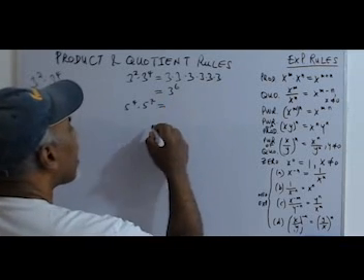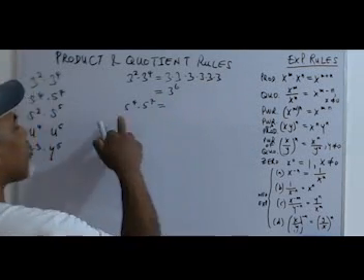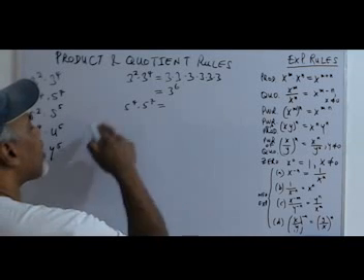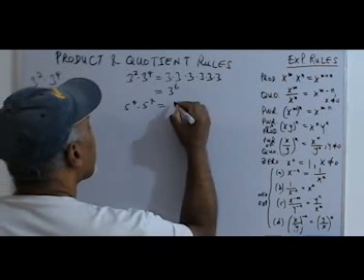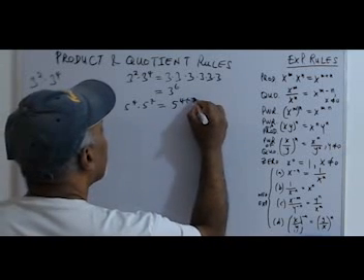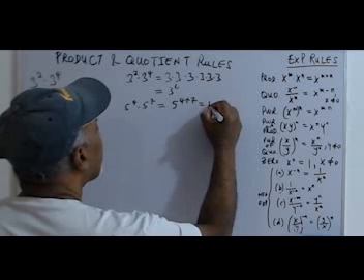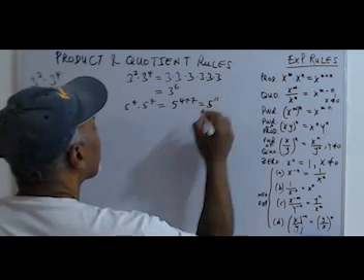So instead, let's apply the product rule. The product rule says that if the base in the exponential expressions is the same, we can just add the exponents. So 5 to the 4 plus 7 is 5 to the 11th.